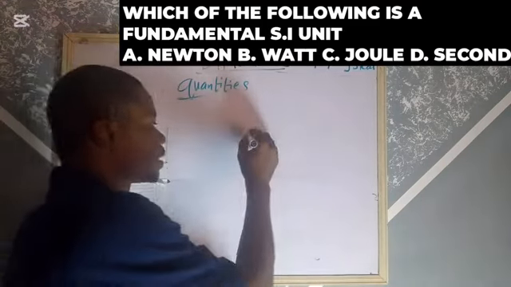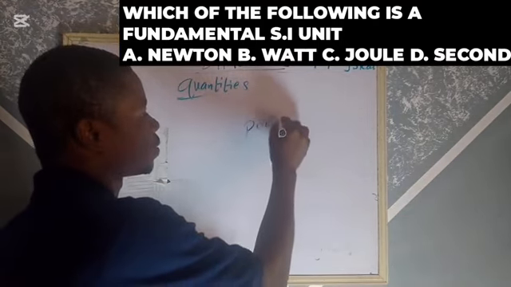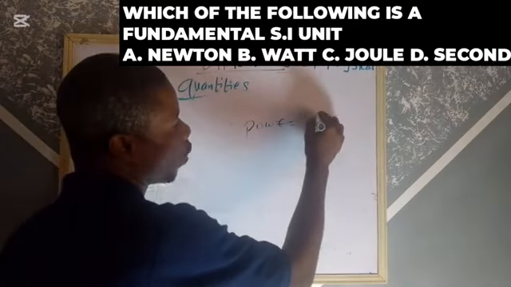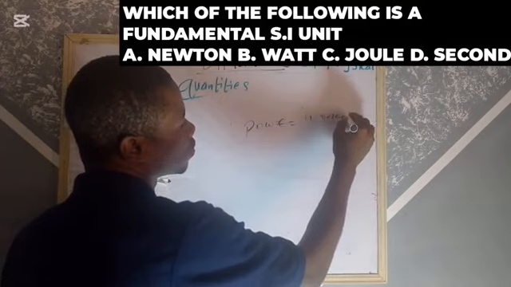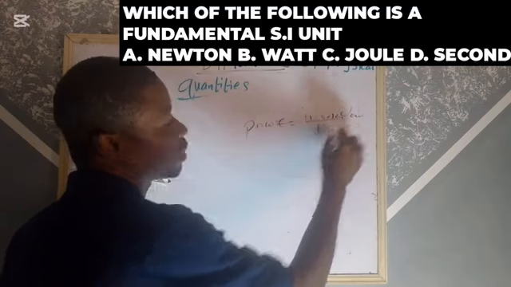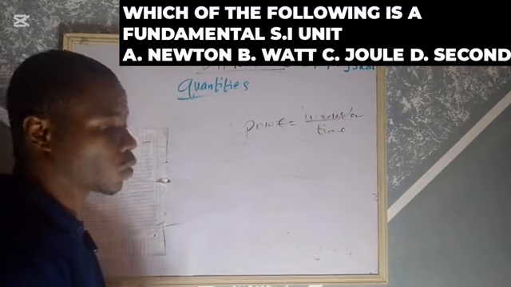So watt cannot be the answer, because power is equal to work done over time. Please take note of this formula, I beg you. Power is equal to work done over time.